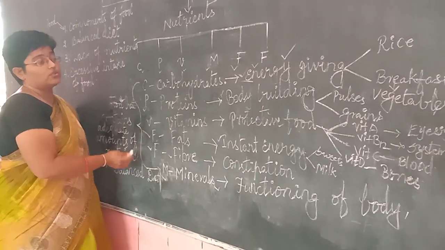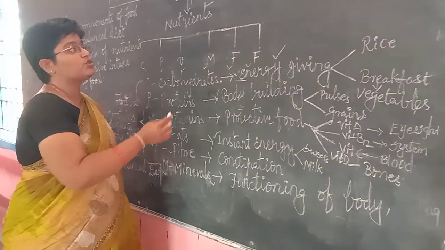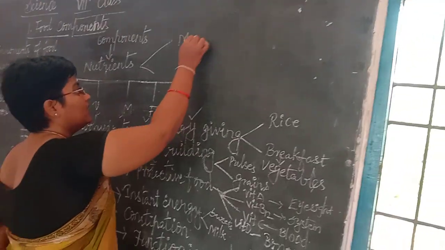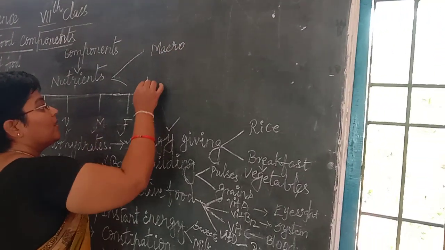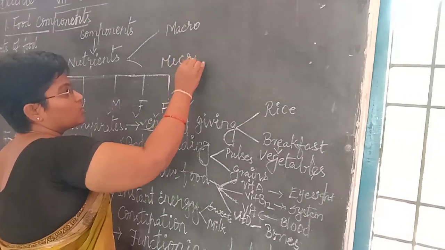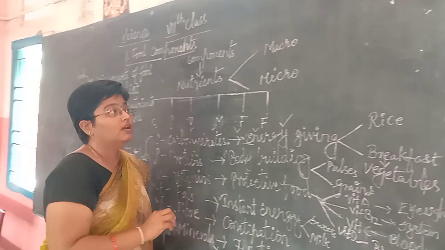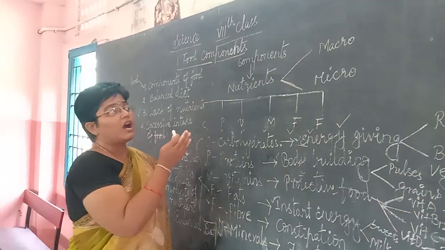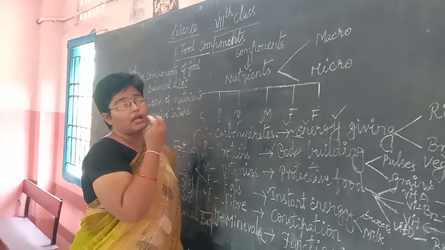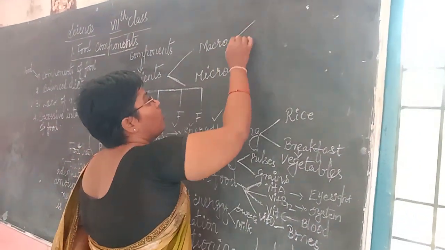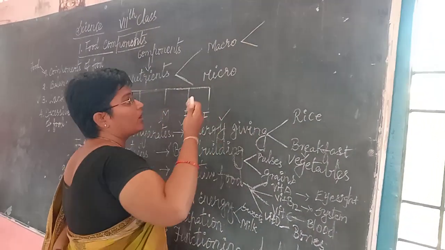So coming to these nutrients, again the nutrients are divided into two types, which are macro and micro. So what are macronutrients and what are micronutrients? The nutrients which a body needs in more amounts are said to be macronutrients. What does the body need in more amounts?